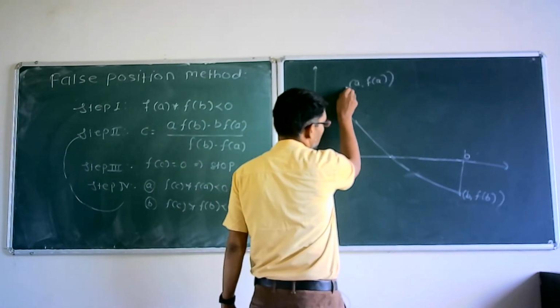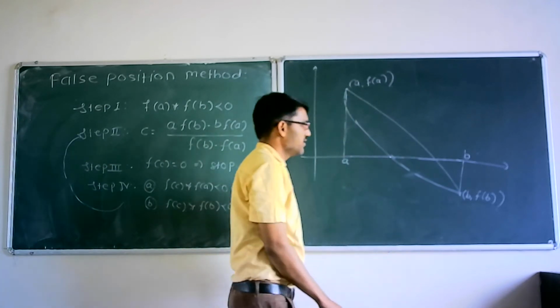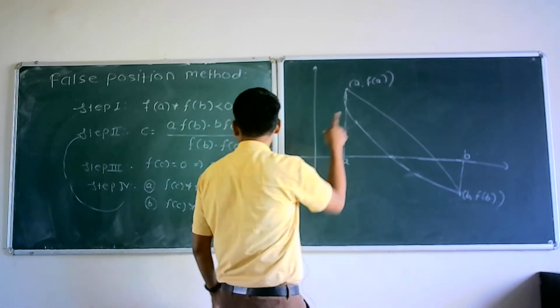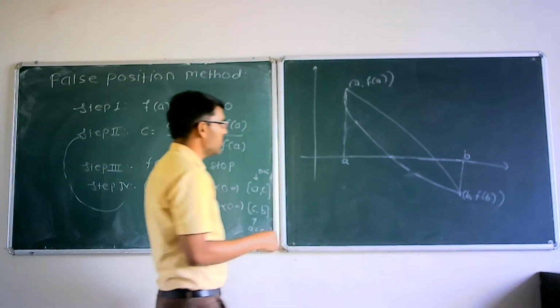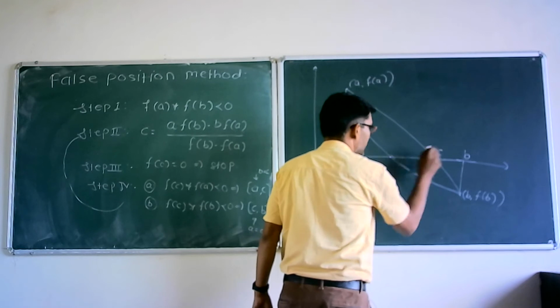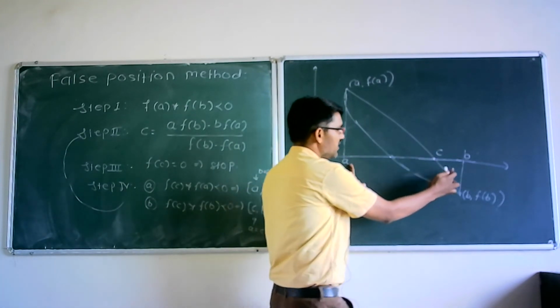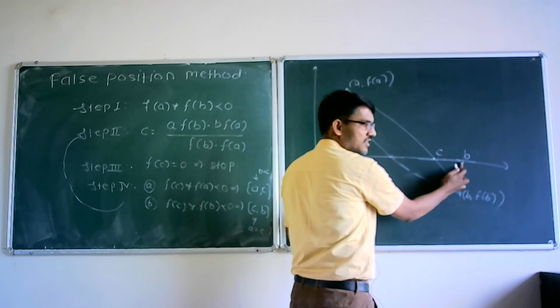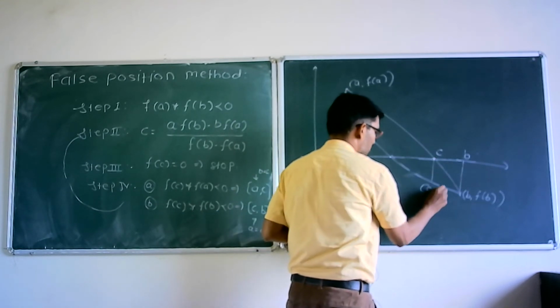Next, in the regula falsi method we find the equation of the line passing through these points. This is the value of c: (a f of b minus b f of a) divided by (f of b minus f of a). So here is the point c. Our new interval is ac, whereas the original interval was ab. This point is c, f of c.